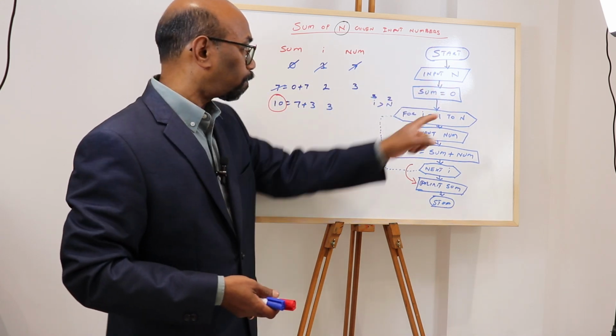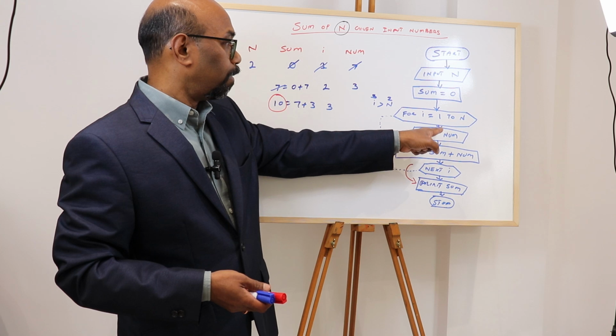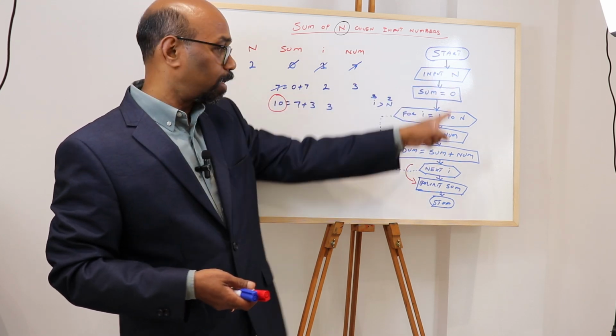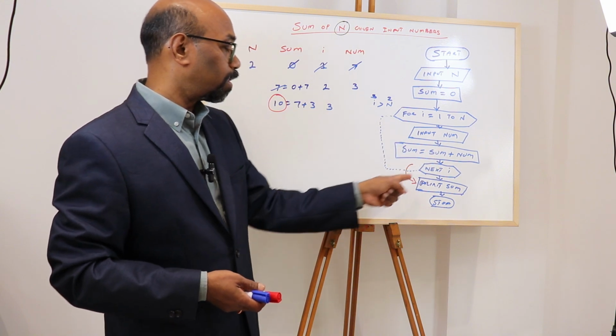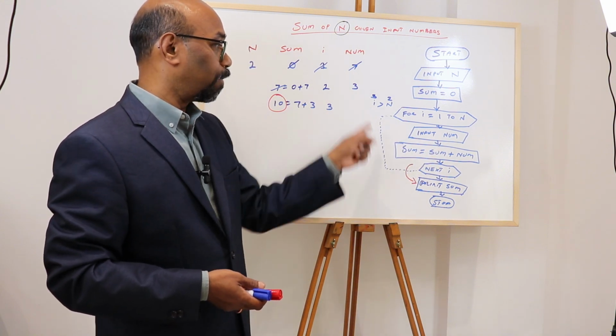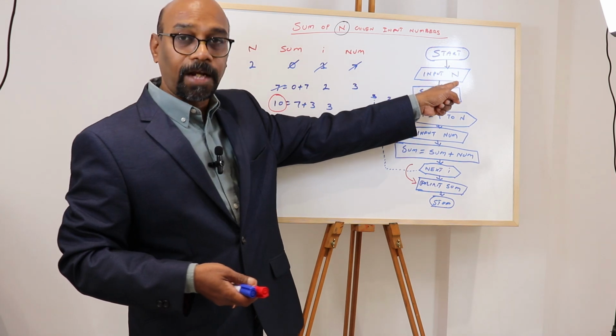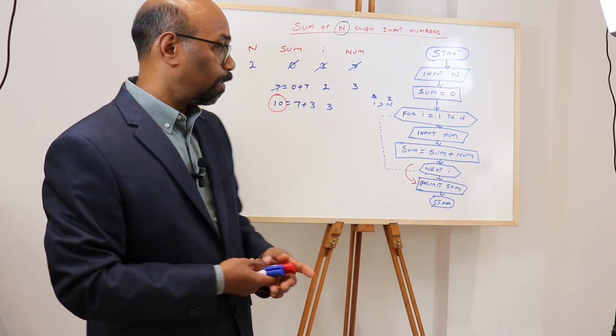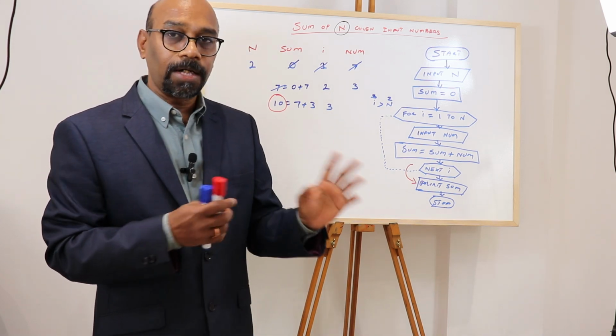And then you need to input one by one based on the total number of numbers. The calculation happens when the loop is executed that number of times. It comes out of the loop and prints the value. Okay, so hope you understand this.